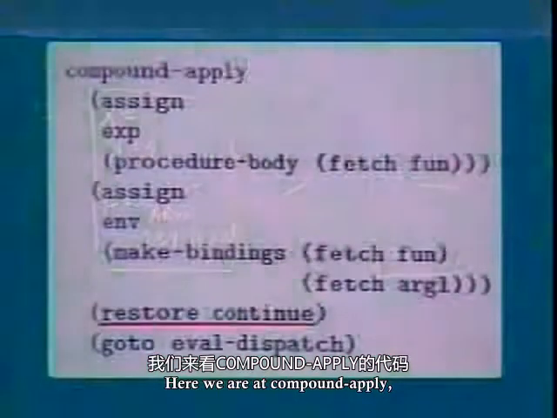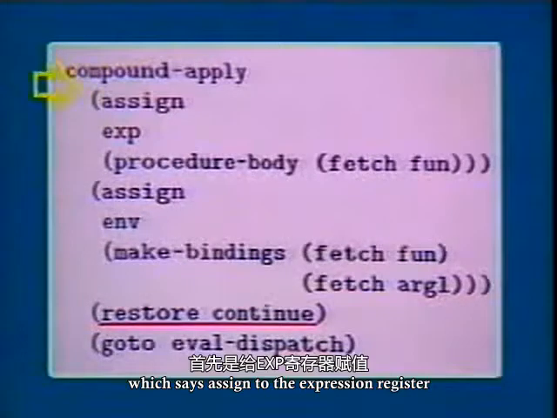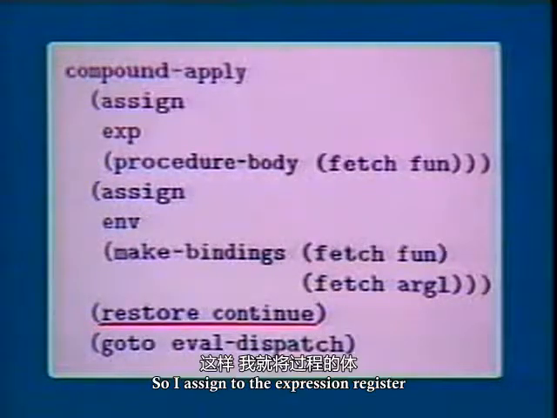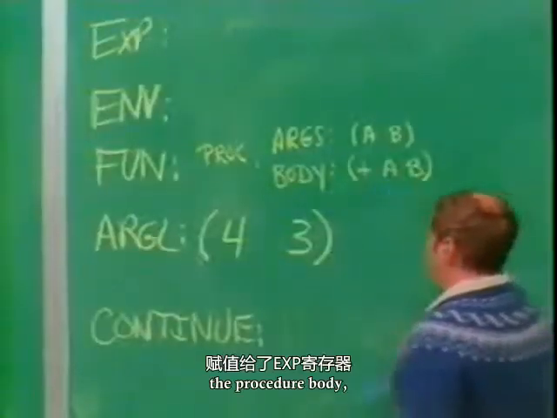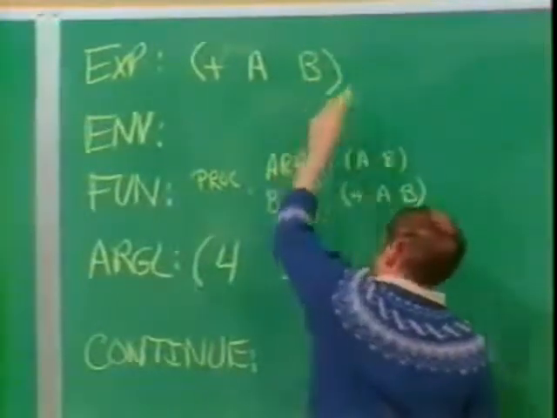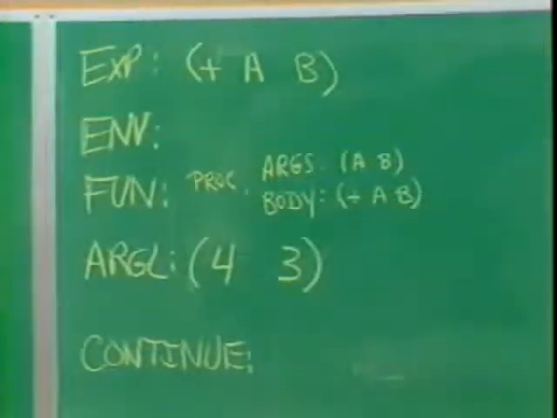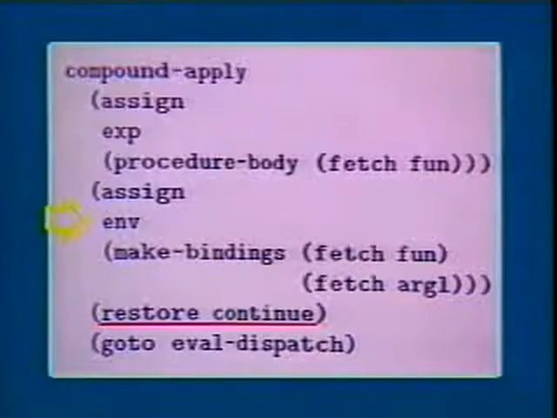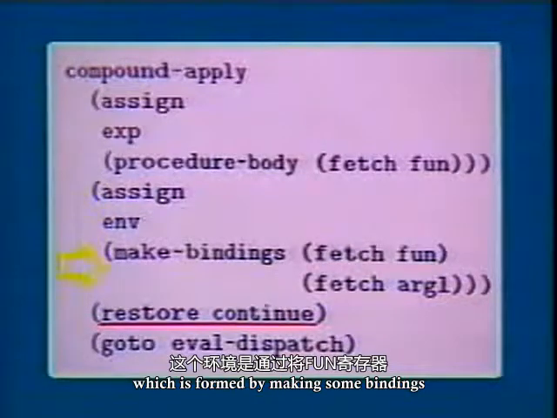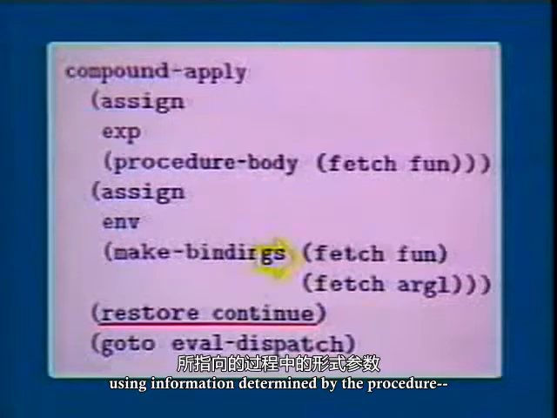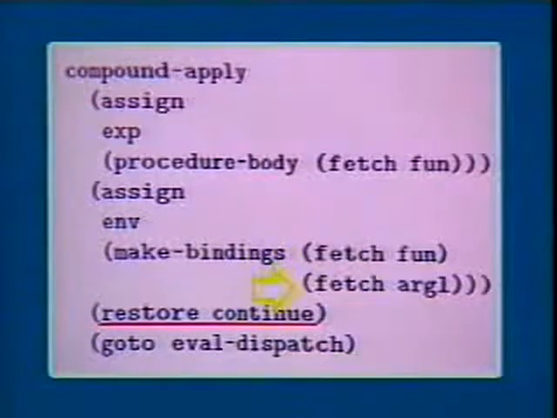Here we are at compound apply, which says assign to the expression register the body of the procedure that's in the function register. So I assign to the expression register the procedure body. That's going to be evaluated in an environment which is formed by making some bindings using information determined by the procedure, that's what's in fun, and the argument list.